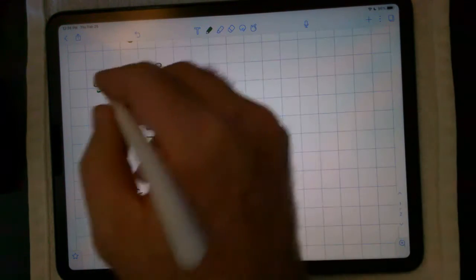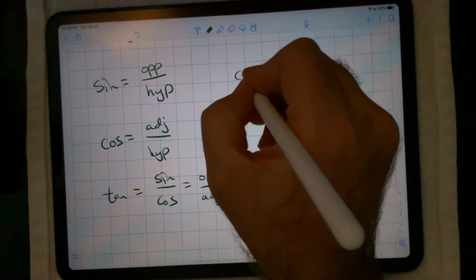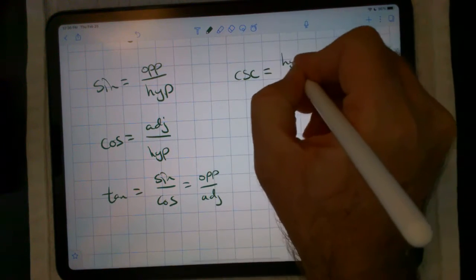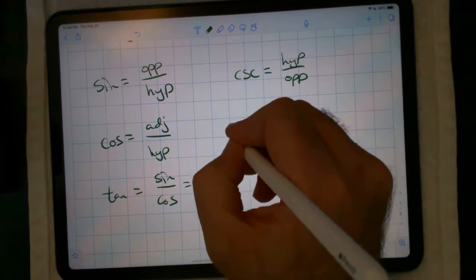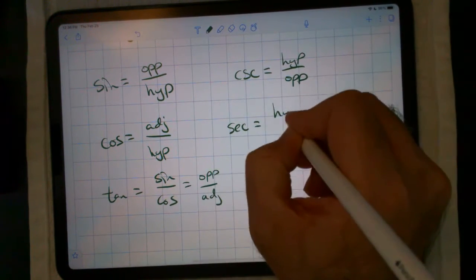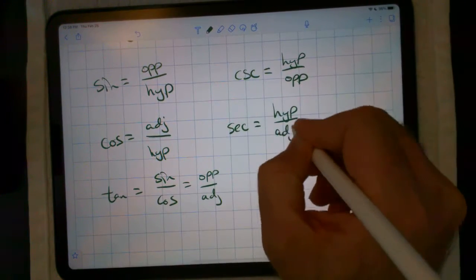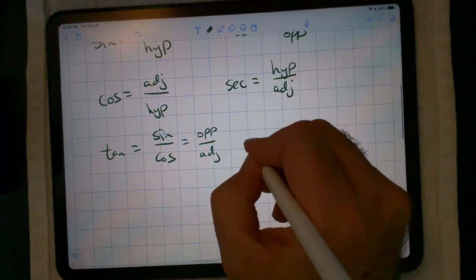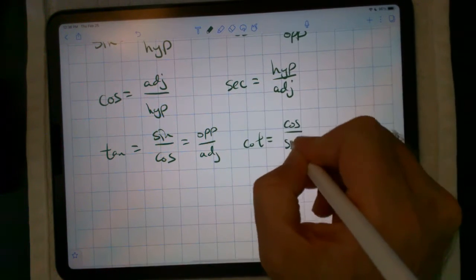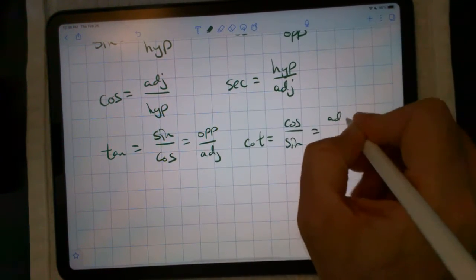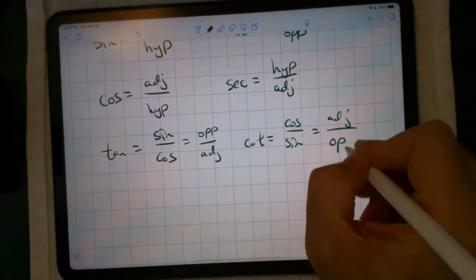And then the inverses: the inverse of sine is cosecant, which is your hypotenuse over opposite. The inverse of cosine is secant, which is your hypotenuse over adjacent. And the inverse of tangent is cotangent, which is cosine over sine, or adjacent over opposite.